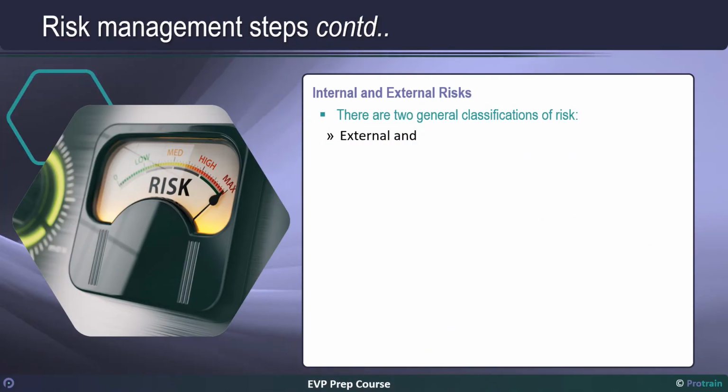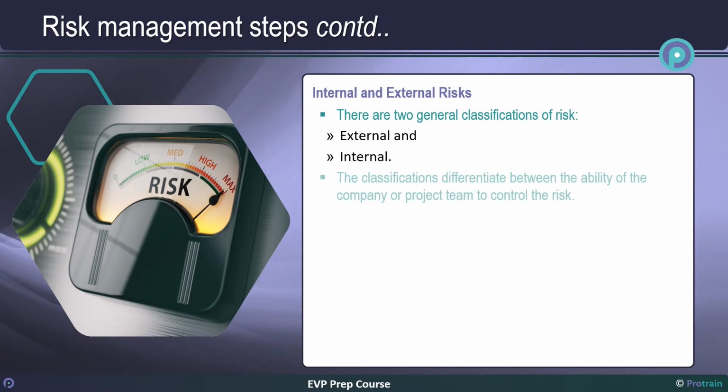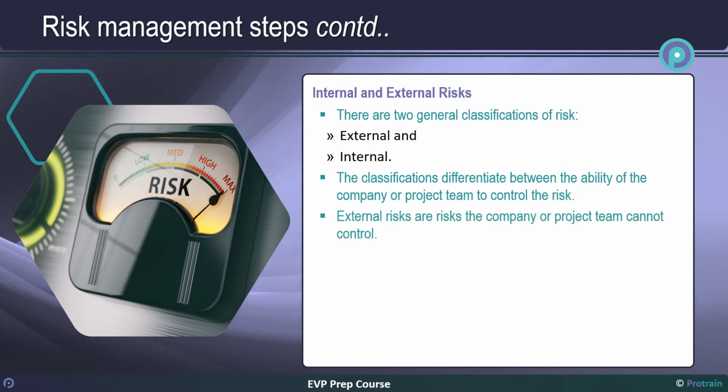Internal and external risks. There are two general classifications of risk, external and internal. The classifications differentiate between the ability of the company or project team to control the risk. External risks are risks the company or project team cannot control.